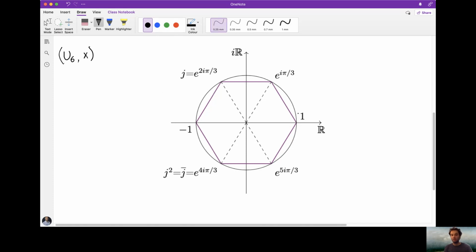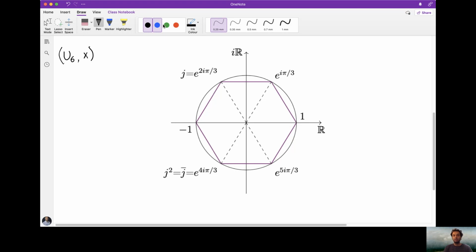The identity element is 1. Of course, multiplication is associative. The inverse of each element is the conjugate, right? If you multiply them between them, it gives 1. And you can see that it's stable, because if you take any two points of this hexagon and multiply them, it will give another point of the hexagon.